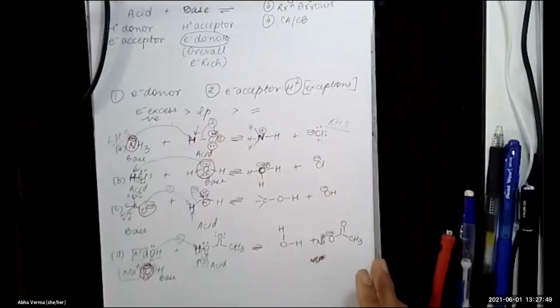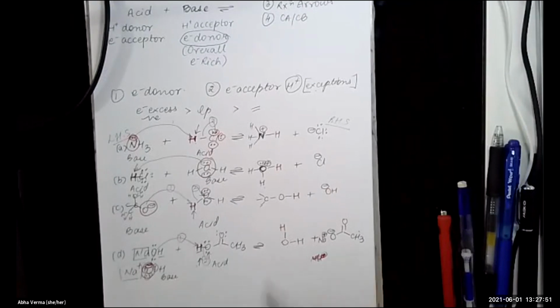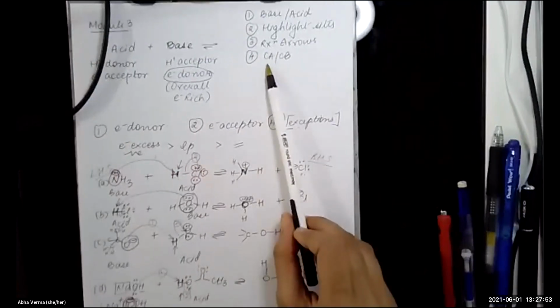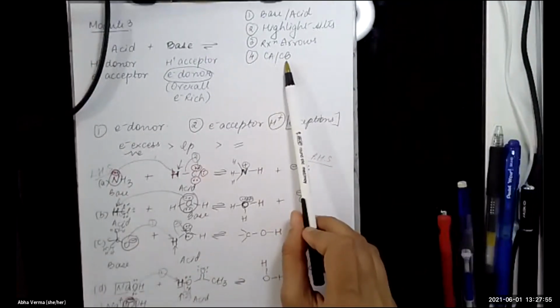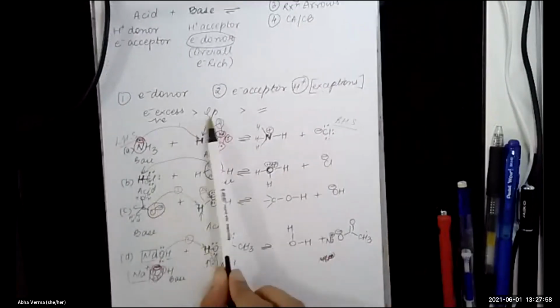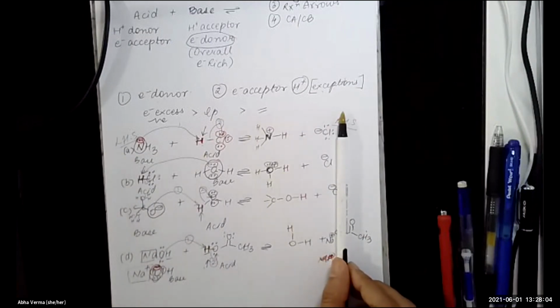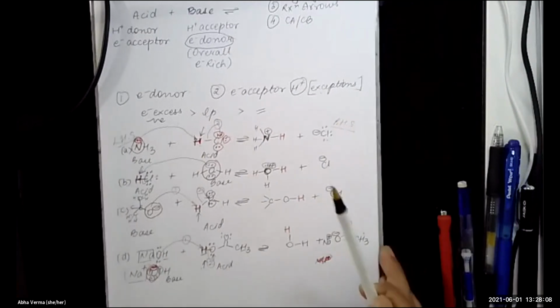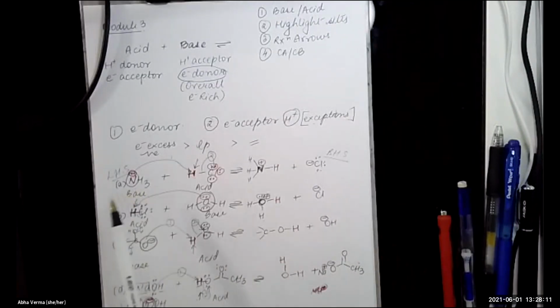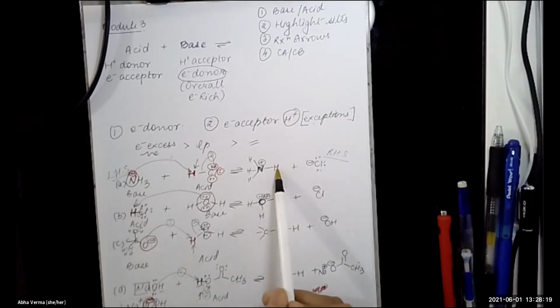Now, just like you recognize your acid and base, you now have to recognize your conjugate acid and conjugate base. On your left-hand side, we write base and acid or acid on base. On your right-hand side, we write our conjugate acid and conjugate base. So what does that even mean? This is a base, and we wrote the base first, remember, because that's the one that took out the hydrogen.